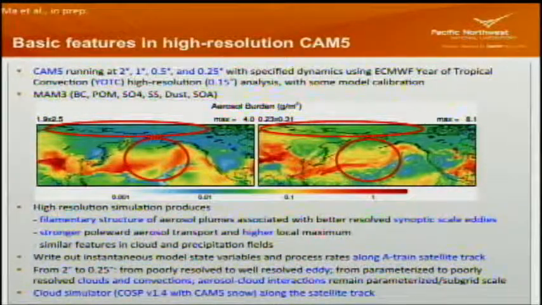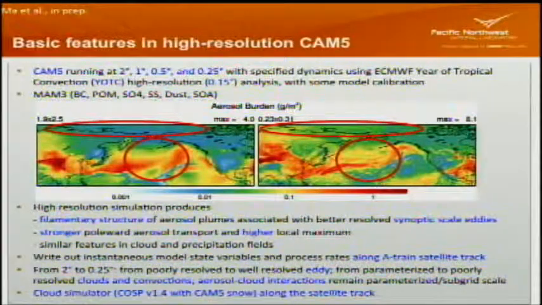These filaments are associated with the better resolved synoptic scale eddies. We see similar features in cloud and precipitation fields as well. We write down instantaneous model state variables and process rates along the satellite track instead of writing it everywhere in the globe, and I will say a little bit about that in detail later.